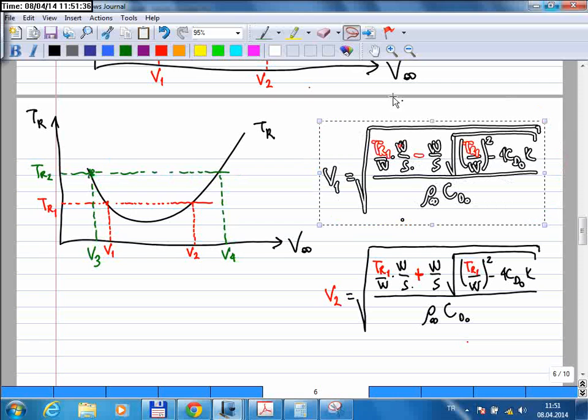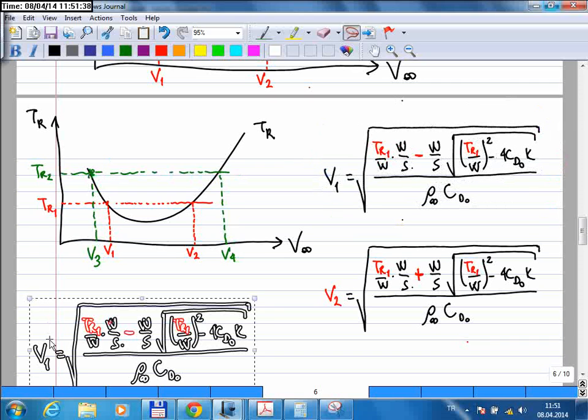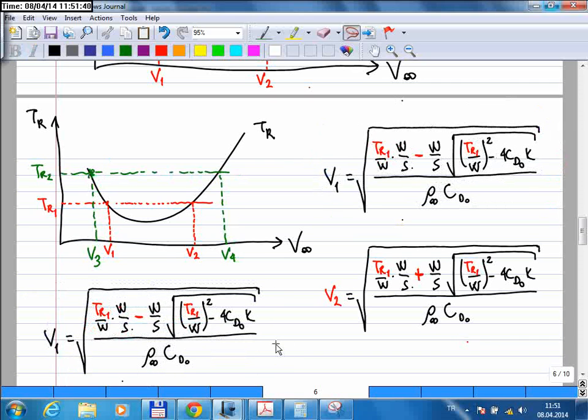So I can just copy this. Instead of TR1, there should be TR2. And this should be TR2 as well. And again, for the smaller solution, I should use the negative sign.